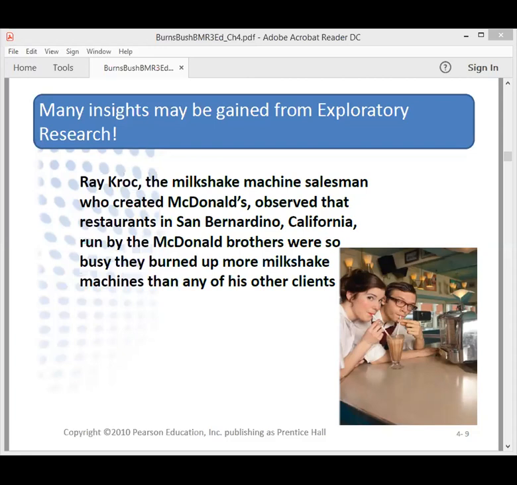Some of the commonly used methods for conducting exploratory research are secondary data analysis, experience surveys, case studies, and other methods of qualitative research. A case study is when you have an in-depth interview with one or a very small number of individuals who, you presume, have the ability to give you some insight into what is happening.